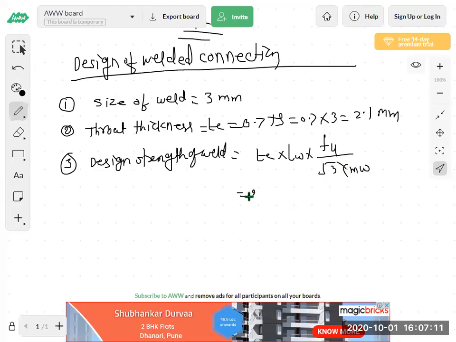Okay, now here 2.1 into LW into Fu is 410 divided by under root of 3 into gamma mw is 1.24.